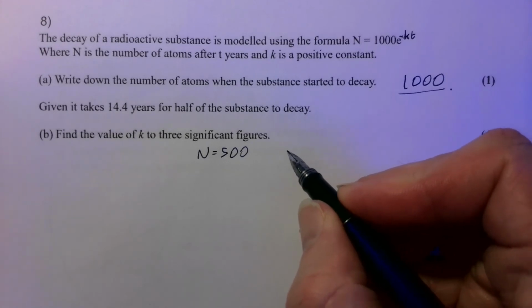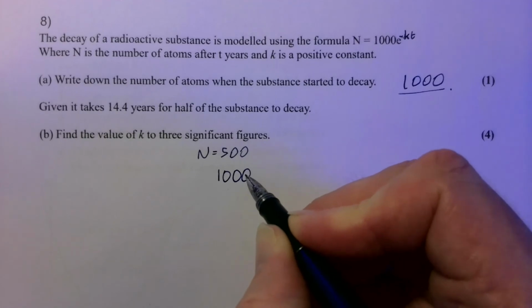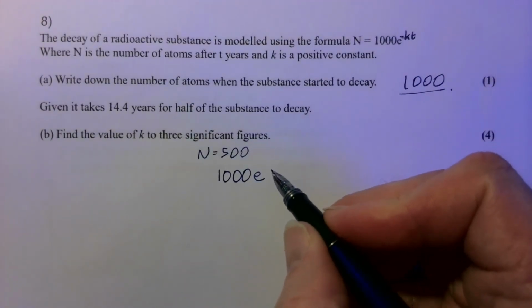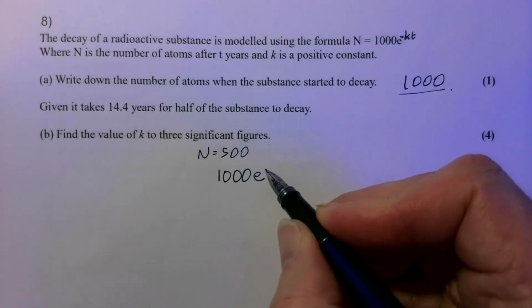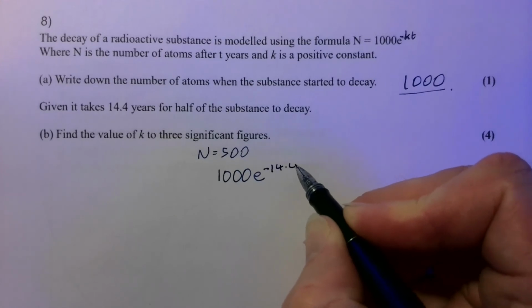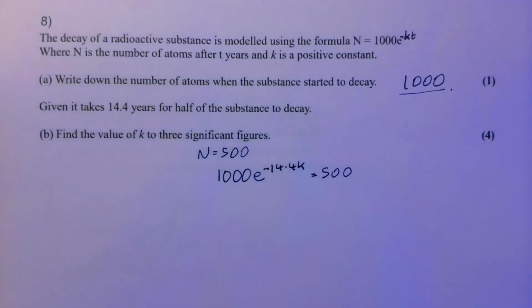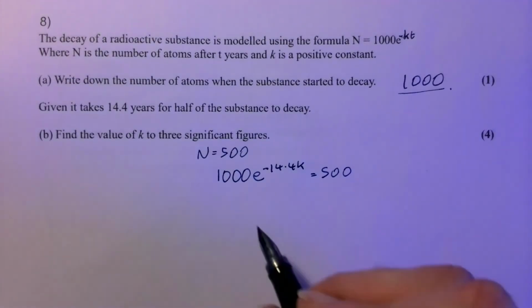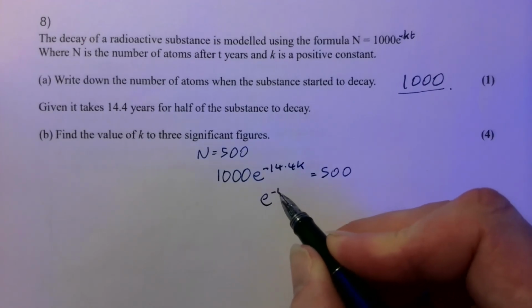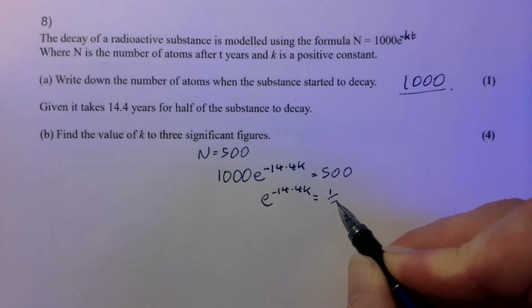So you've got 1000 e to the negative 14.4k is equal to 500. I could divide by 1000 and get that my e to the power negative 14.4k is a half.